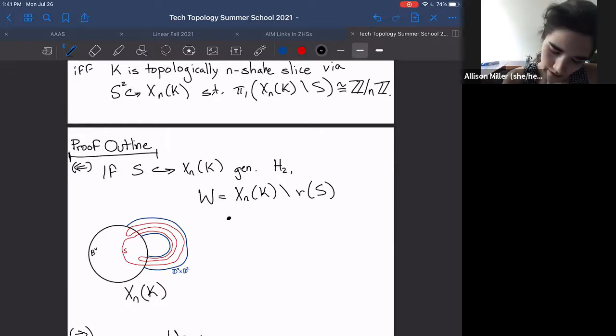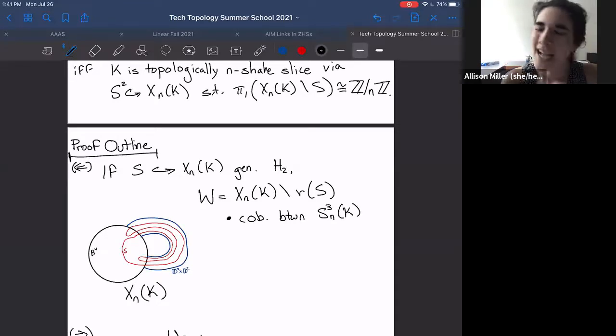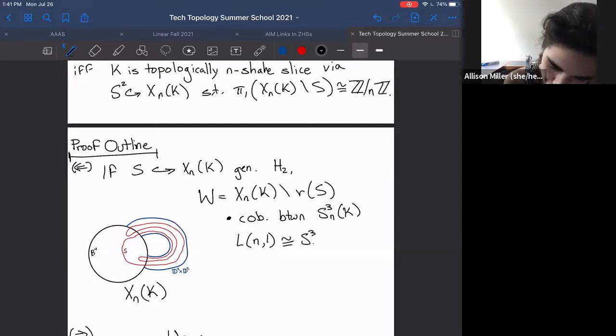The first one is, well, it's a cobordism. It has two boundary components. And what are they? We can think about it sort of as the outer boundary, which is just the boundary of the trace, i.e. the n surgery, and then the inner boundary. And the inner boundary maybe takes a little bit more thought, but it ends up being the lens space, L(n,1), or maybe it's more natural to think about it as the n surgery on the unknot.